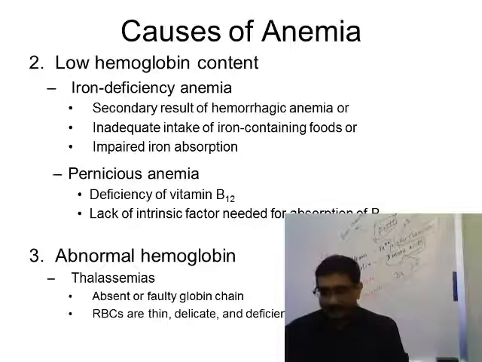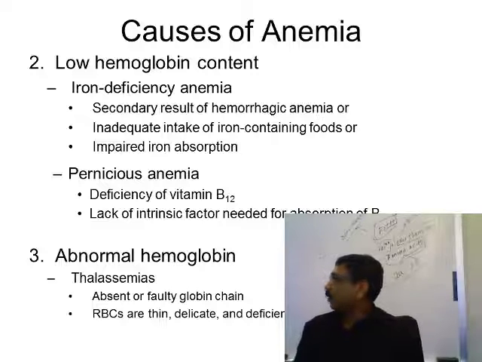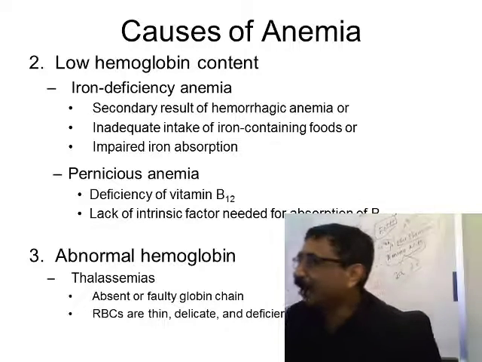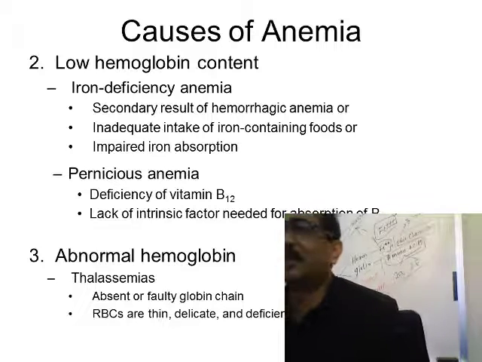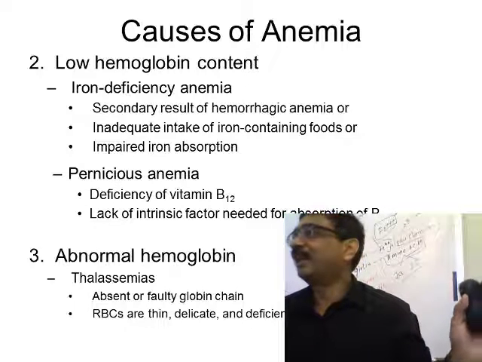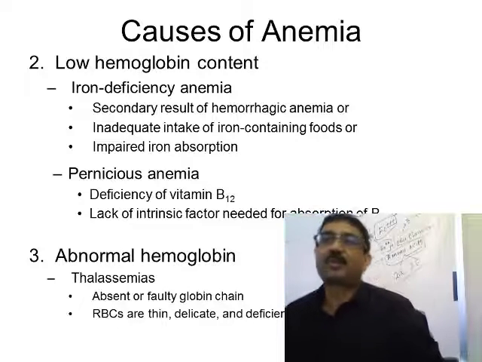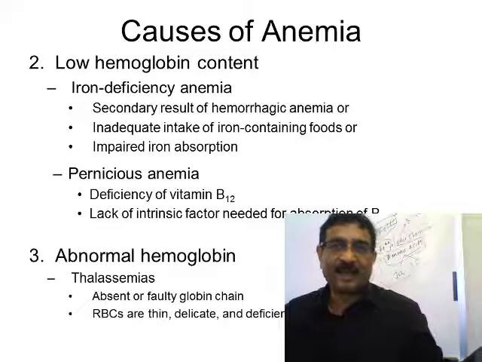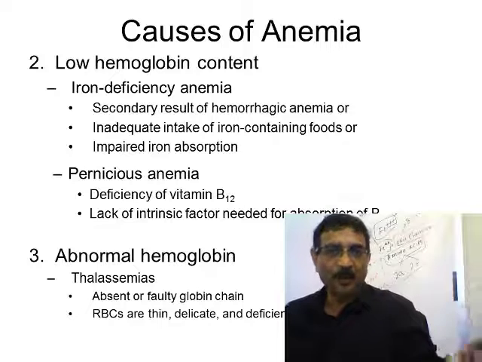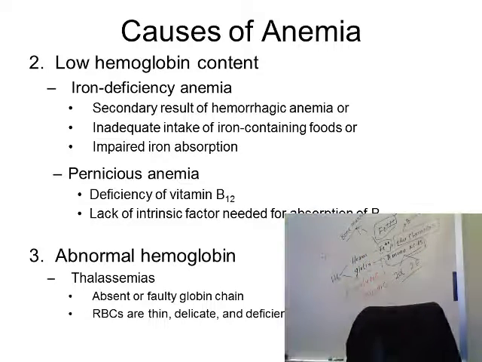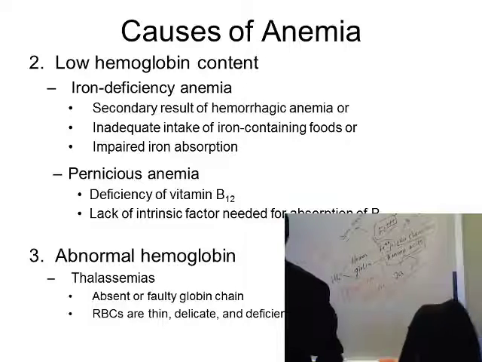Now, anemia can also occur due to low hemoglobin content. Although the number of red blood cells is normal, the amount of hemoglobin is less. That will also cause decreased oxygen carrying capacity, because we know that the hemoglobin carries oxygen, right? So if the hemoglobin amount is less, that will definitely cause anemia.